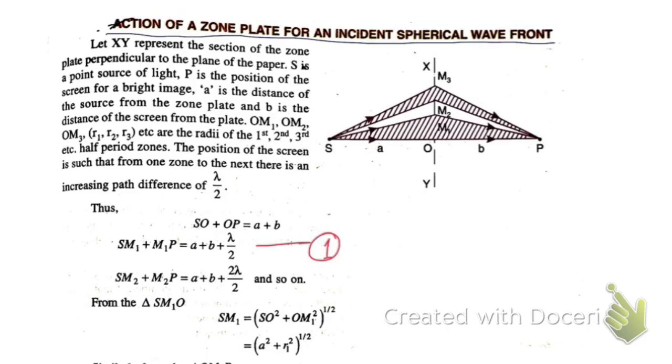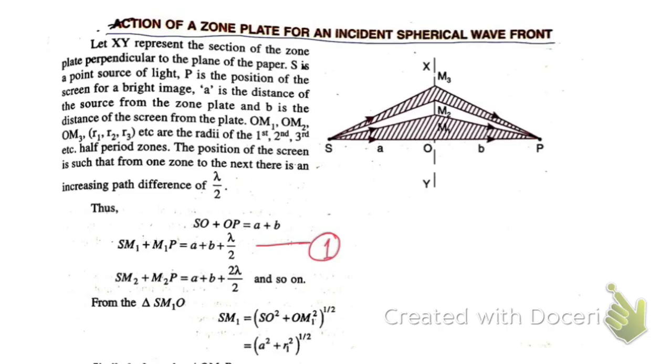Now here you see this XY represent the section of the zone plate, the section of the zone plate perpendicular to the plane of the paper.